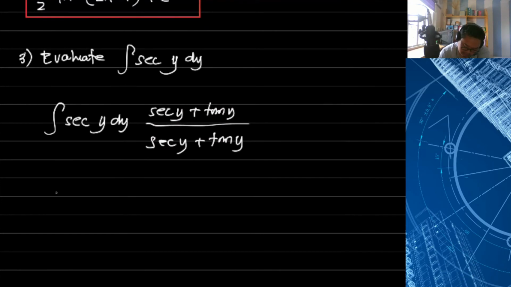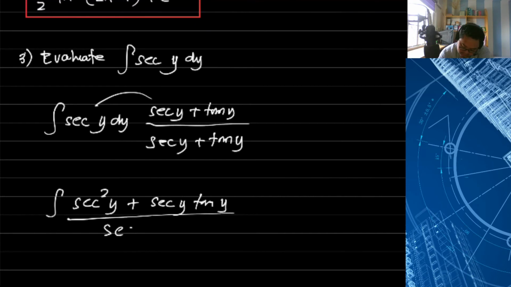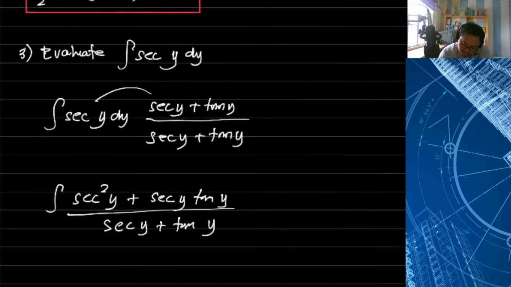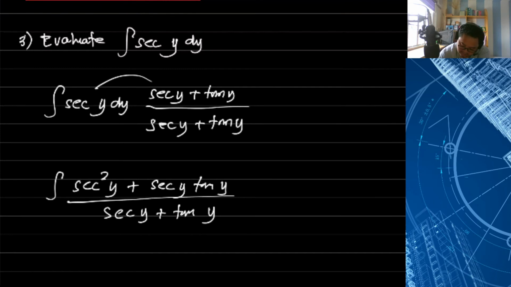So cross multiplying, this becomes secant squared y, because we have 2 secant y, plus secant y tangent y over secant y plus tangent y. Okay? So we must examine if this function still follows our integration of logarithmic function.